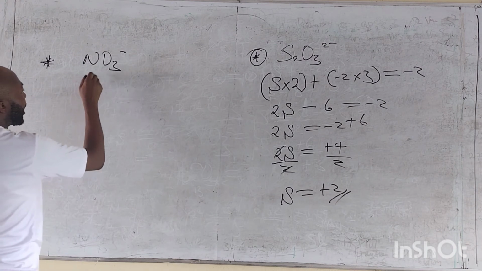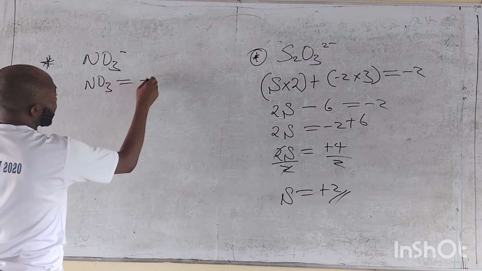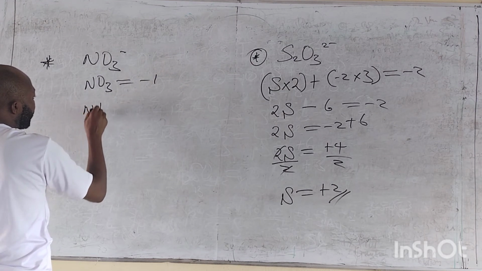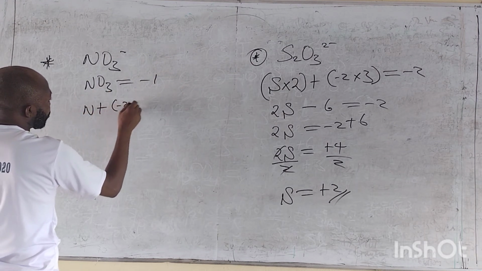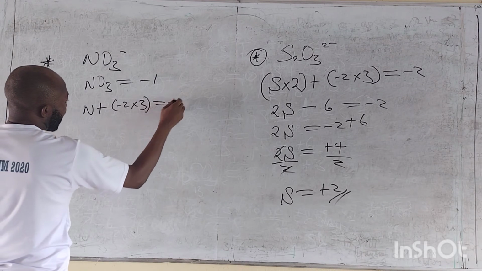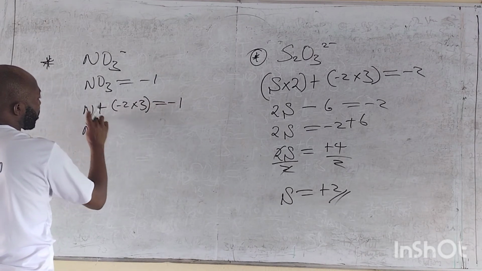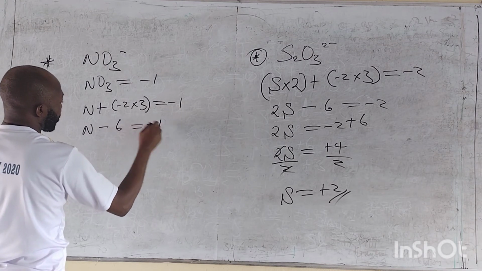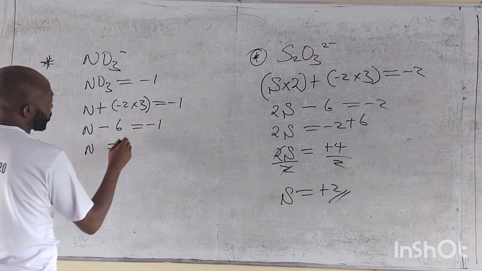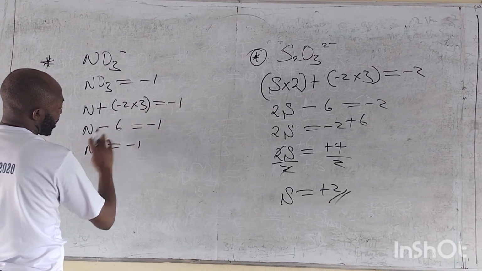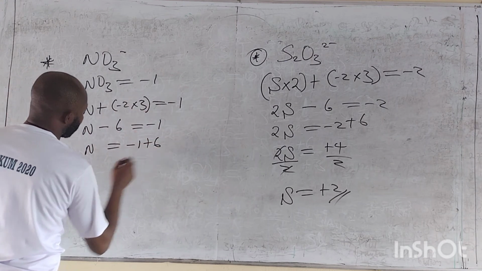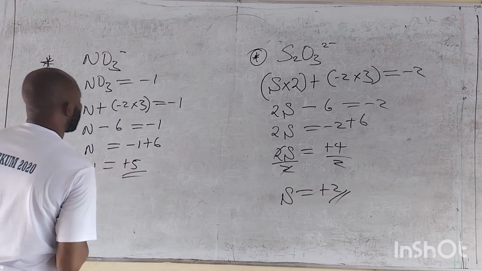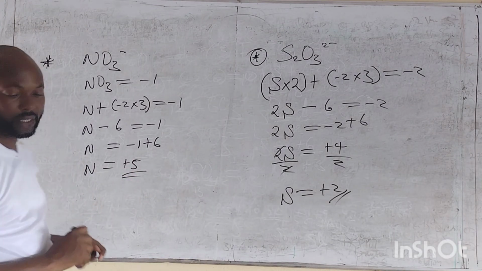So now I have NO3 is equal to minus 1. The charge is minus 1. Nitrogen is what we're looking for, plus oxygen is minus 2 times 3, is equal to minus 1. Nitrogen plus times minus is minus 2 times 3 is 6, is equal to minus 1. N is equal to minus 1, which is here. This crossover becomes plus 6. N is equal to plus 5. Alright, that is it.